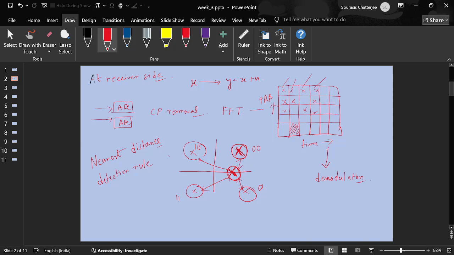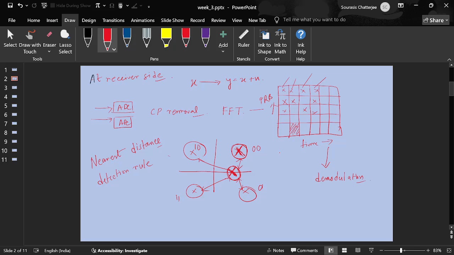And then what we do? Which is the nearest one, we will take it. So if this one comes out to be closest to 00, I will assume that 00 is being transmitted, right?